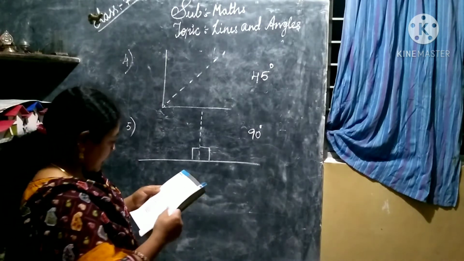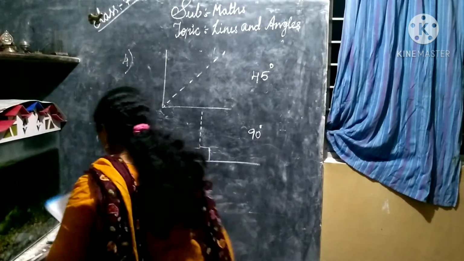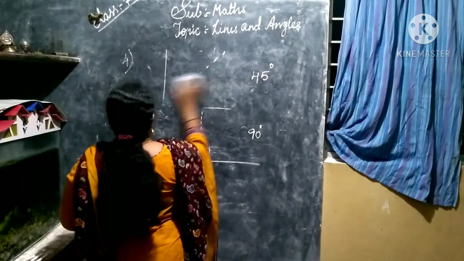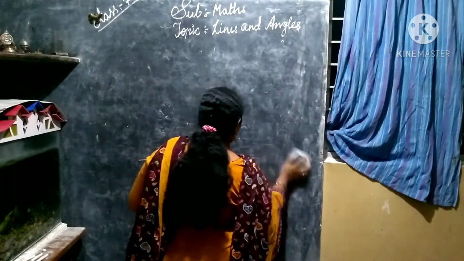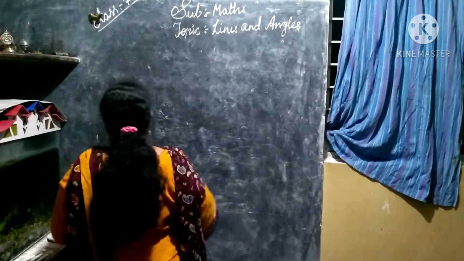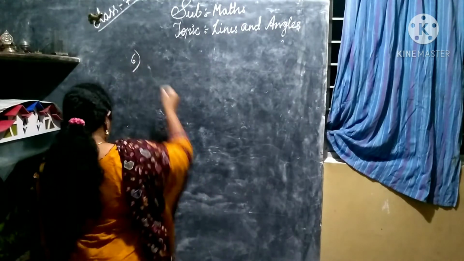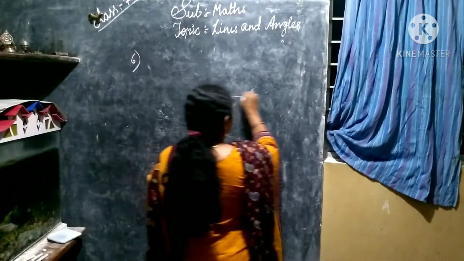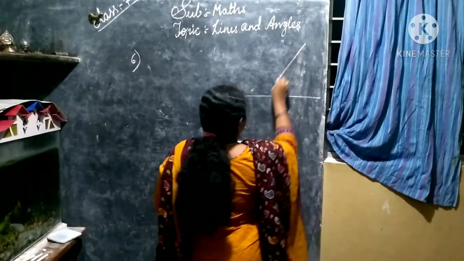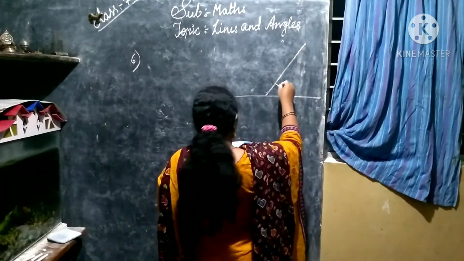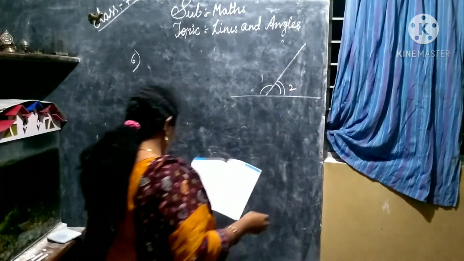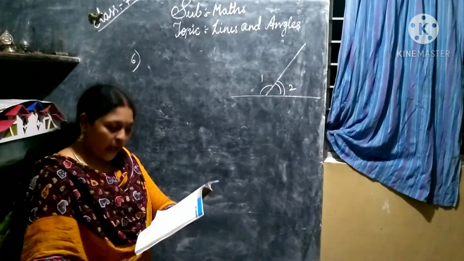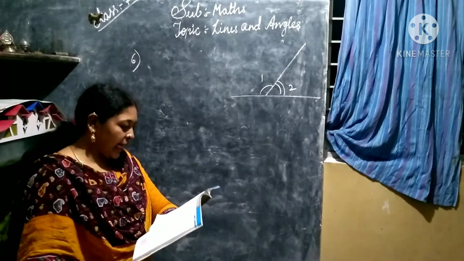Here there is a figure given for you. Look at the given figure. In the given figure, 1 and 2 are supplementary angles.